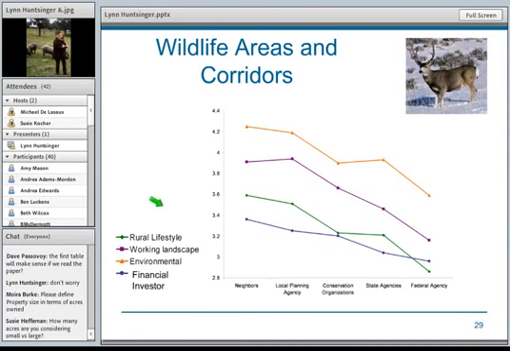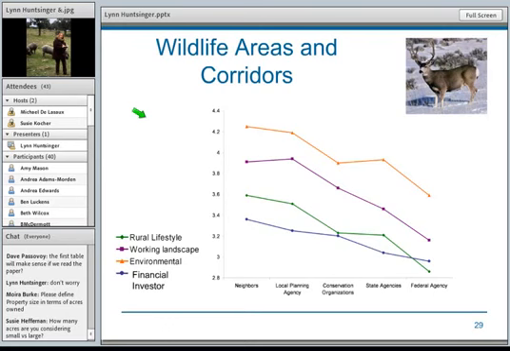When we asked them, is it a good idea to work with these groups on creating wildlife areas and corridors, again, we see this same trend of working with neighbors, local planning agencies being favored over working with more distant groups. Here's rural lifestyle and financial investment.